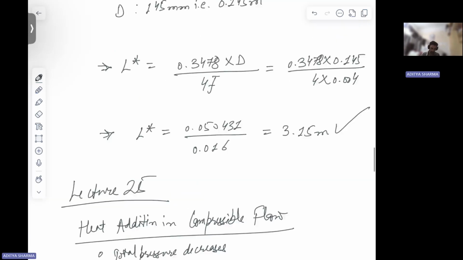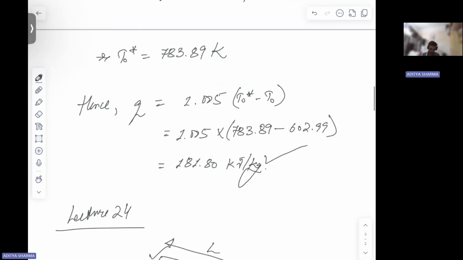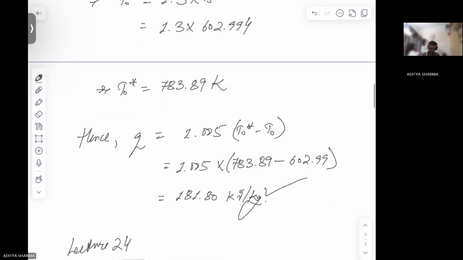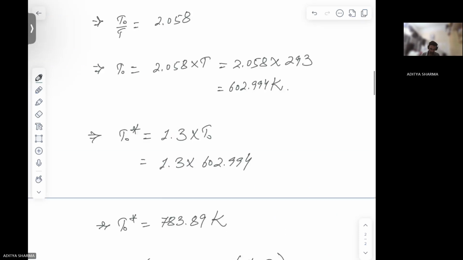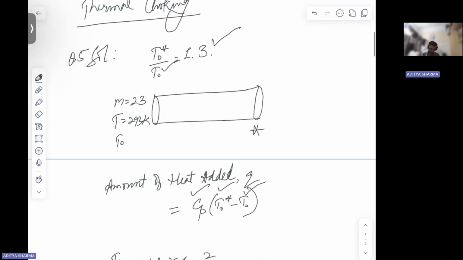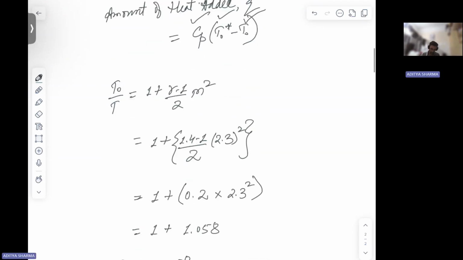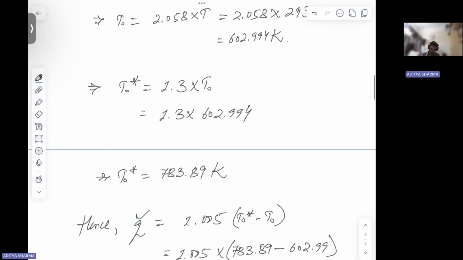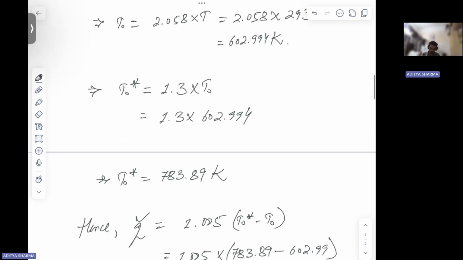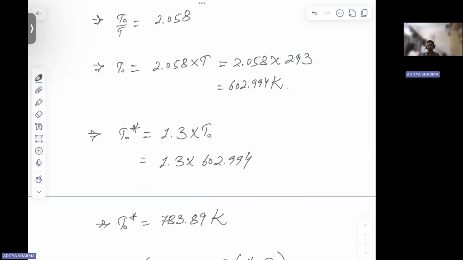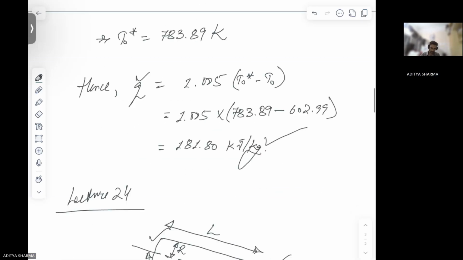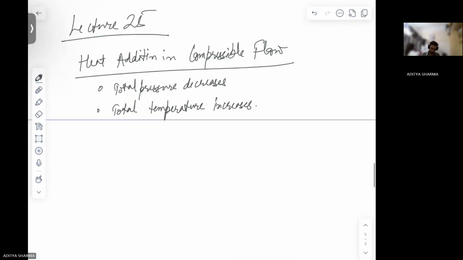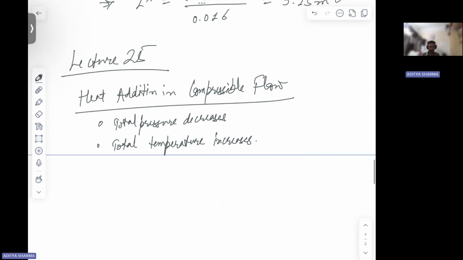This we have seen in the numerical also. If you see this numerical, the total temperature T naught star had increased to 783.89 Kelvin from 602.994 Kelvin. So your total temperature increases in this case.